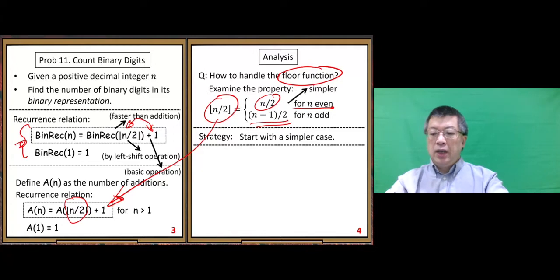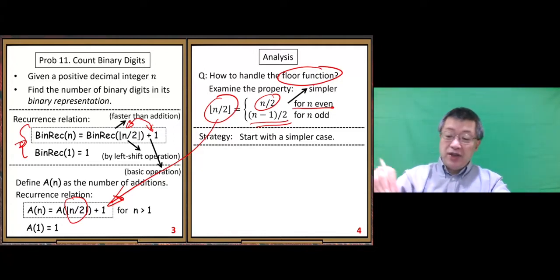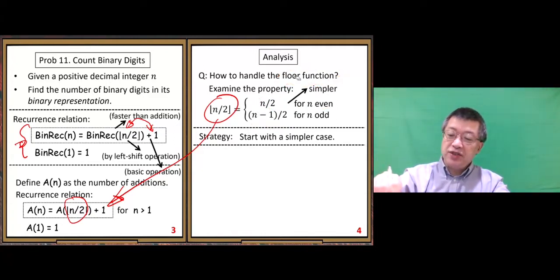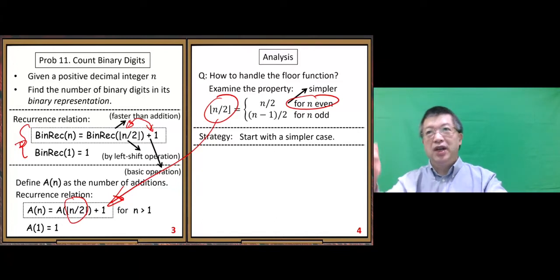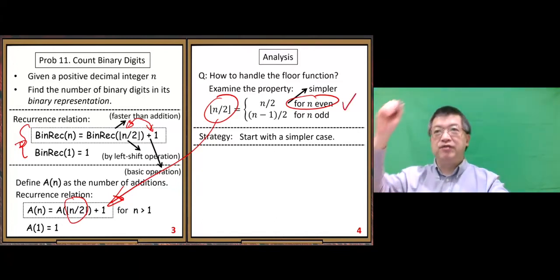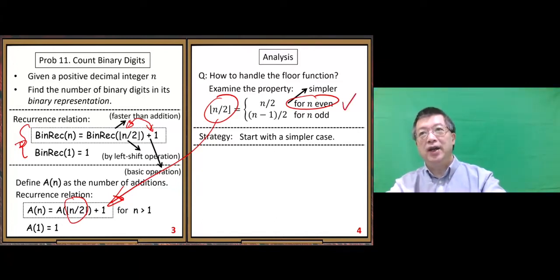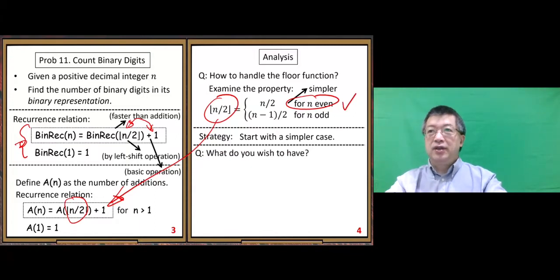What is the simpler case? Compare these two cases. When n is even, this case is simpler, because you don't need to consider the fractional part. So we want to take this case first. Next, this question: what do you wish to have?